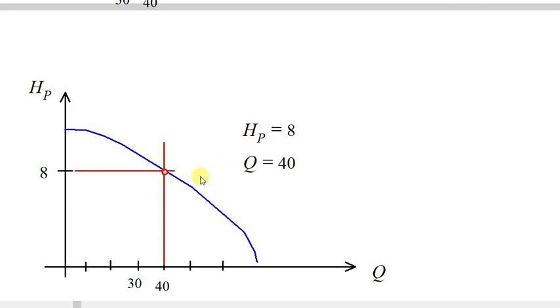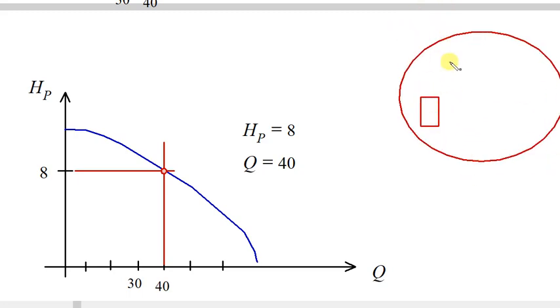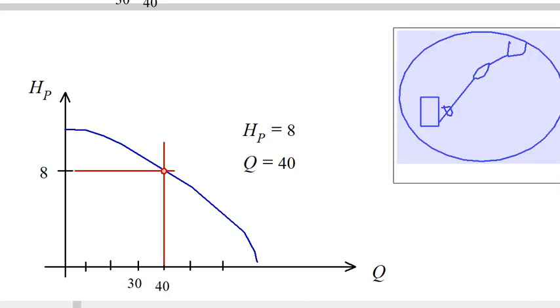Why? Because this point you chose, I know it's on the curve, but we didn't check the Bernoulli equation. We didn't even see the system picture. You didn't see how the reservoir is going, the pipes, maybe after that we have a parallel pipe, then the pump is here, the reservoir is there, or any other picture.